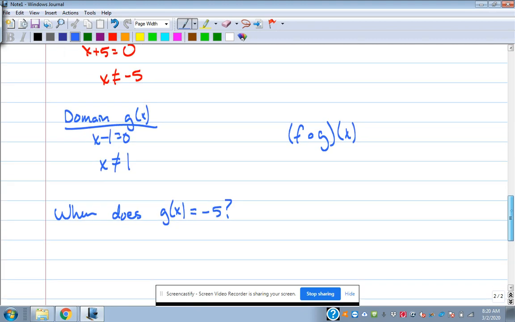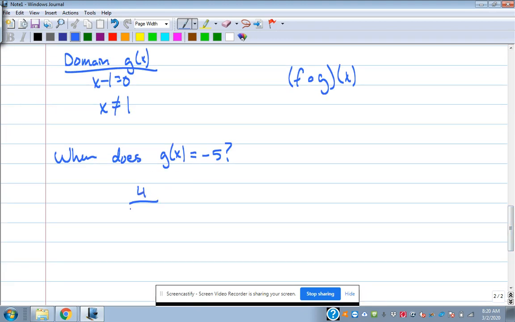So g of x is 4 over x minus 1. Set that equal to -5. And solve it. How do we solve that? Like proportions, yeah, I could multiply by x minus 1 on each side, or cross multiply, whichever way you want to say it.